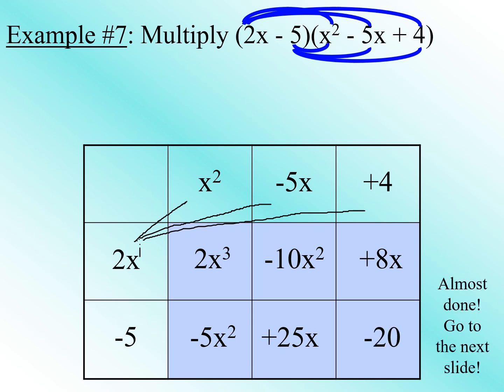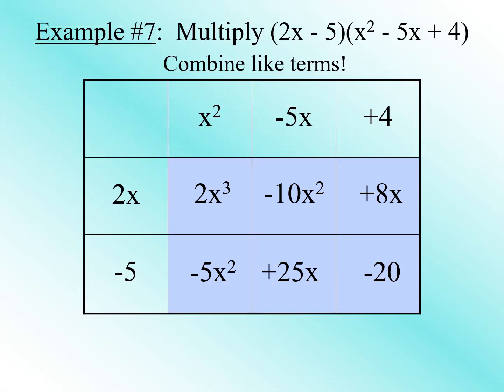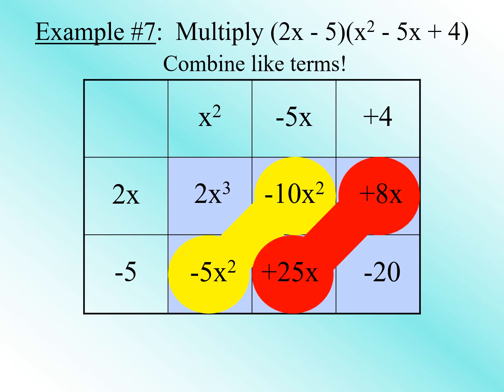So you're almost done. What do you think is the next step? Of course, again, you have to be keen and look for like terms. So do we have like terms here? Yes, we actually do. We have negative 10x squared, negative 5x squared, and 8x, 25x. So what do we do with these like terms?